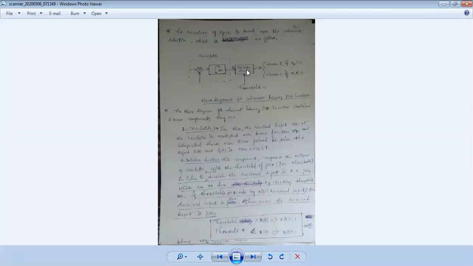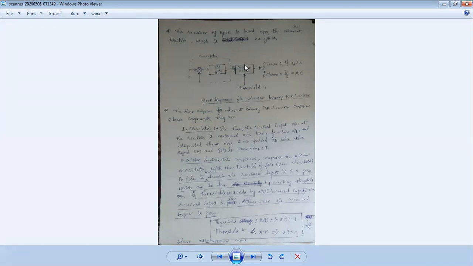So this is x1, which is obtained as follows: x1 is the input received by the receiver, multiplied by the basis function and integrated over the bit period TB. It is converted into another form, and the decision is taken by comparing with the threshold voltage of the device.